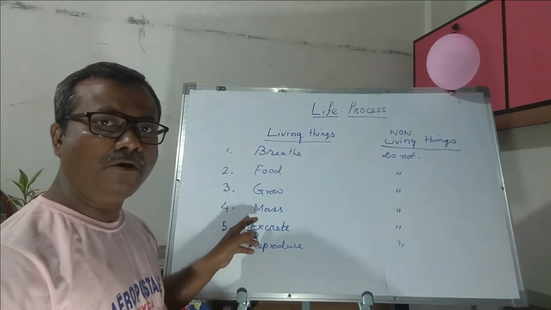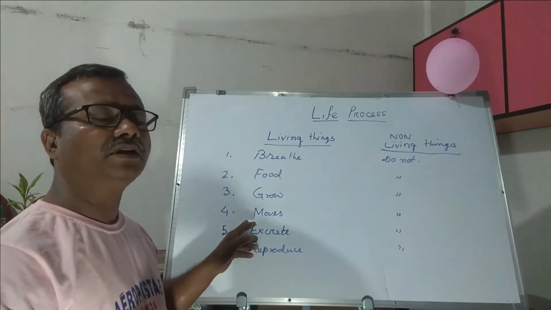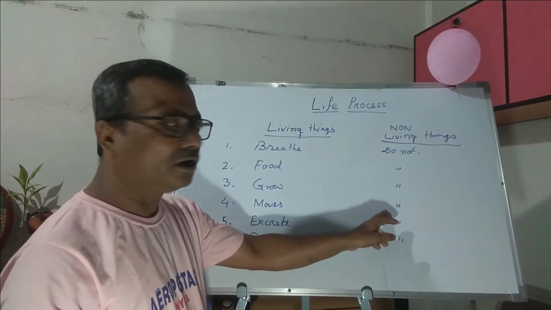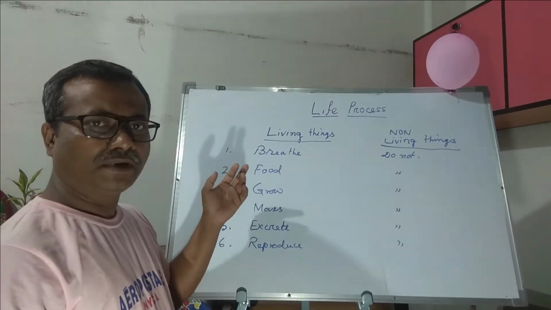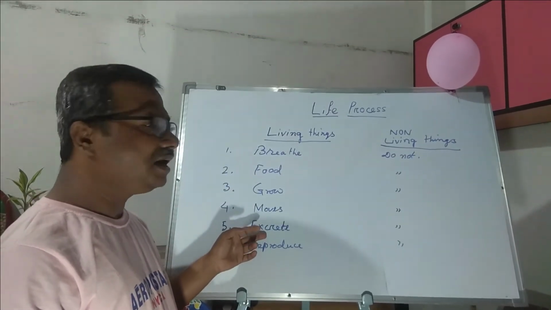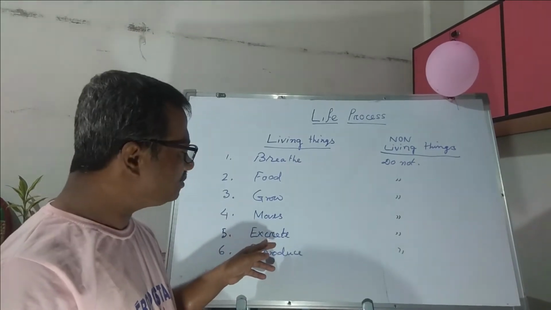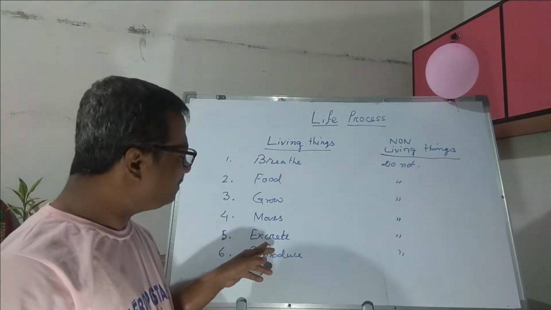Living things move from one place to another or in the same place towards the sunlight, but non-living things do not move. Living things, as they take food, due to chemical reactions in their body, produce some byproducts, which are called waste materials.